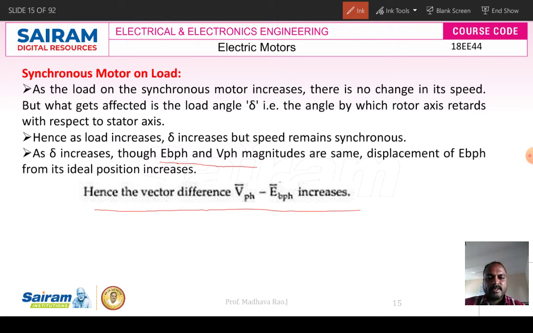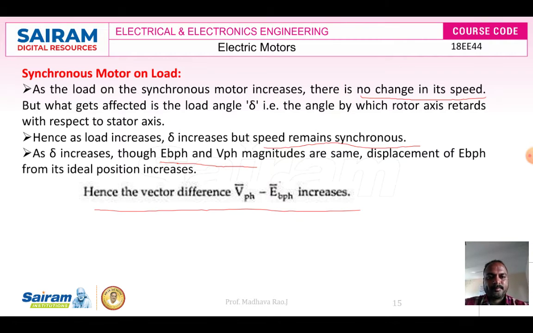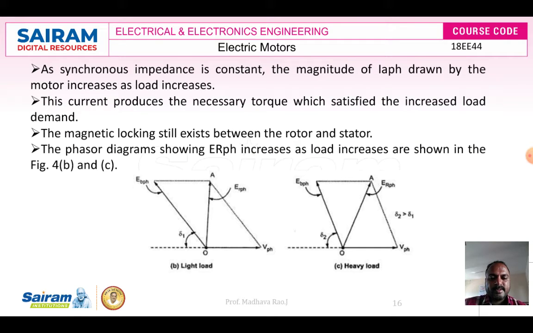So, when the load increases, the load angle will increase in the synchronous motor, but the speed remains constant. There is no change in speed. Here we can see the vector diagrams of light load condition and heavy load condition.